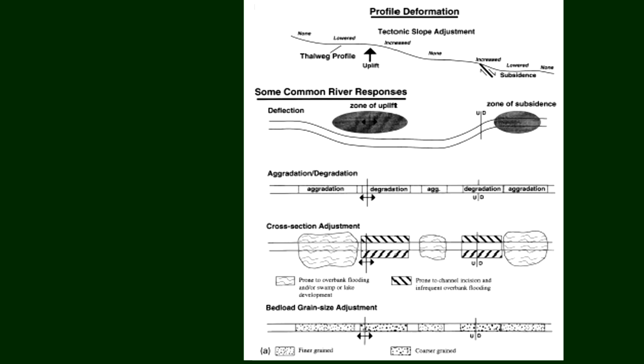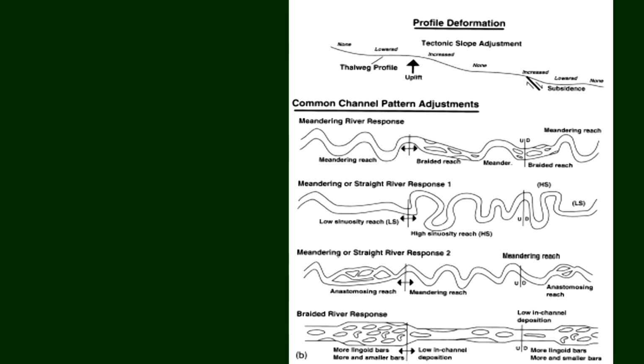Now, this is some part which can be used to understand the local development of meanders and so on. You have an uplift here, and then you have subsidence. The type of channel you have before the uplift region will result in different types of meanders, that is, different river patterns.